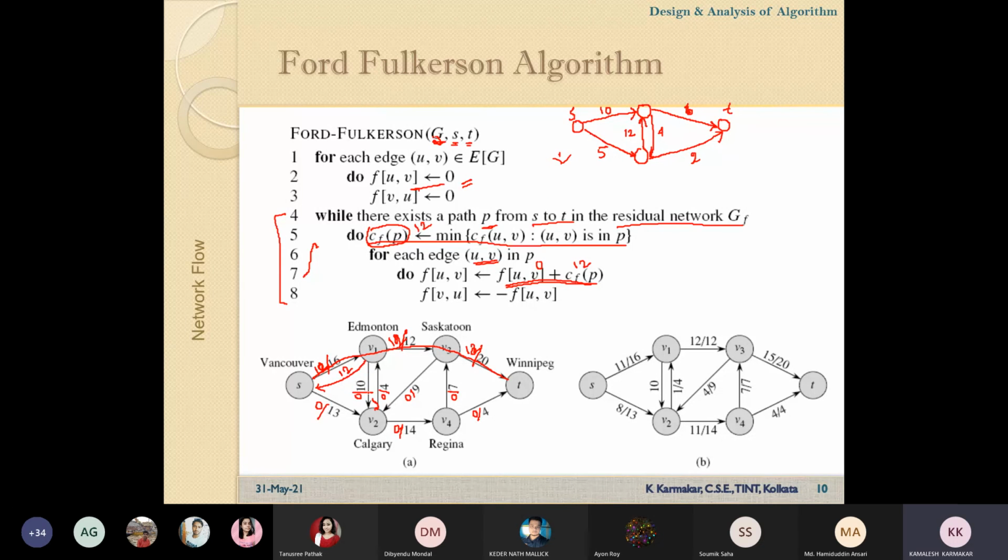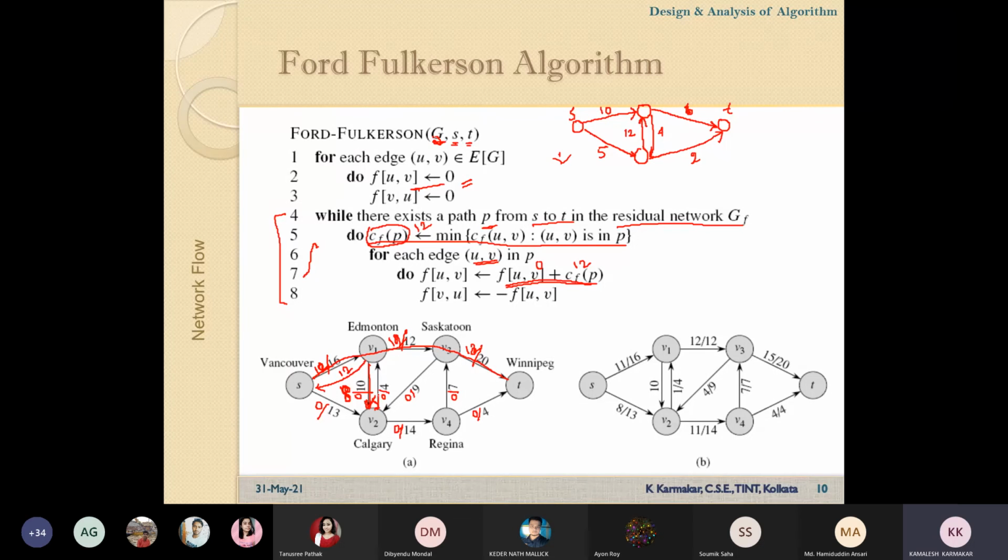in this direction, if we pass 8 units in this direction, it is not exceeding the capacity. 8 unit is not exceeding this capacity.